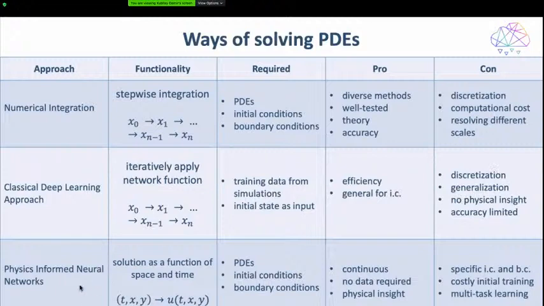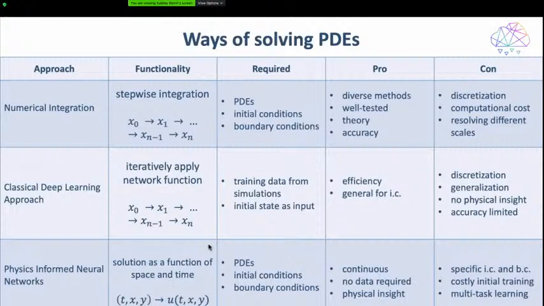And this is how physics-informed neural networks were actually invented. So the idea was that in our training, in our loss function that we minimize, we want to include the partial differential equations, and thereby learn the complete solution continuously in space and time of the partial differential equations.